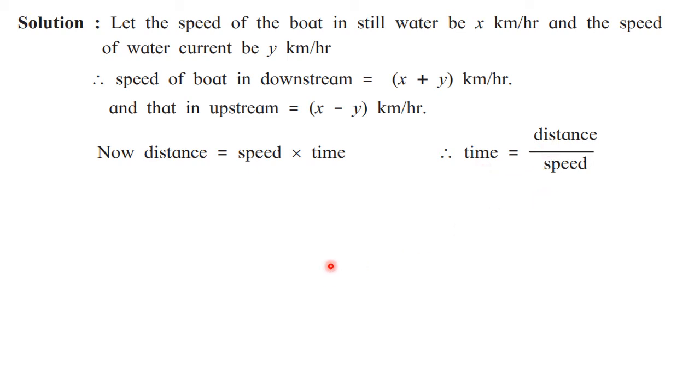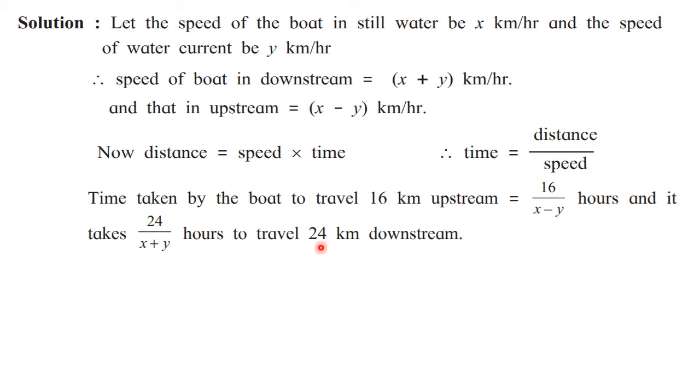So by using that first condition, in which it is told the time taken by the boat to travel 16 kilometers upstream and 24 kilometers downstream. So this is the distance covered for upstream. You can see the speed here. So distance is 16 and speed is x minus y.